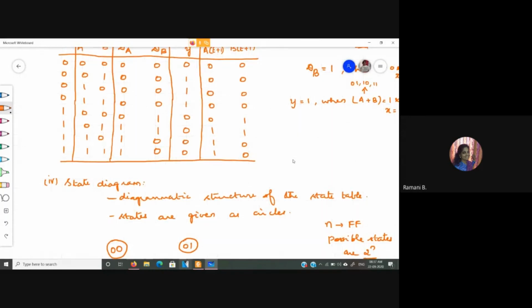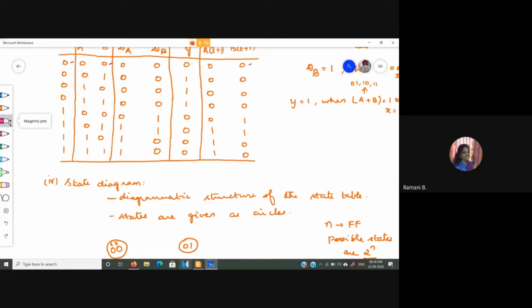Now what we do is, this first 0 corresponds to that of A and the second 0 corresponds to that of B. So for present state 0 0 and input x equal to 0, you have the next state value equal to 0 0, and you also have an output.